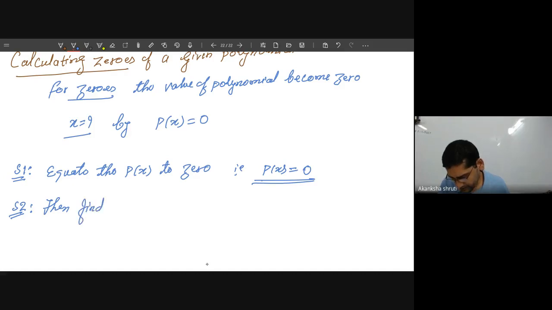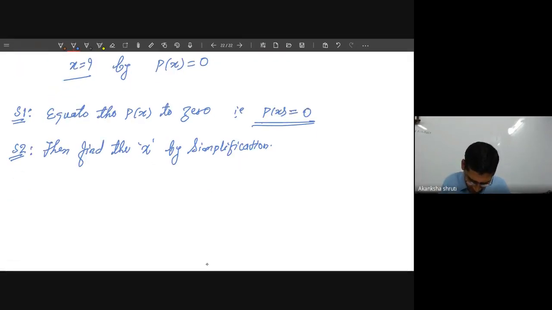Then find the x. How to find? By simplifying it. So how simplification? The variable you have to keep on one side, the constant you have to keep other side. We will also learn, by the way, we are not able to finish this third thing. Sometimes this factorization method is used for splitting the quadratic polynomial to get these zeros. So write, use factorization. What is this factorization method? We will learn tomorrow.